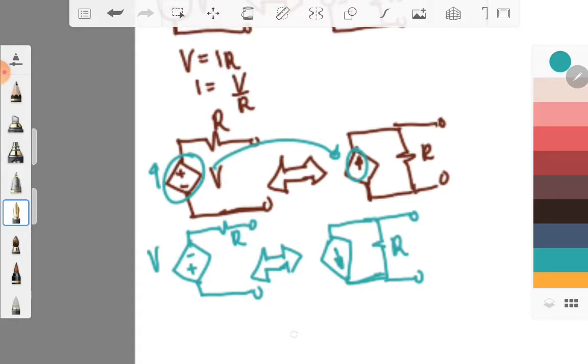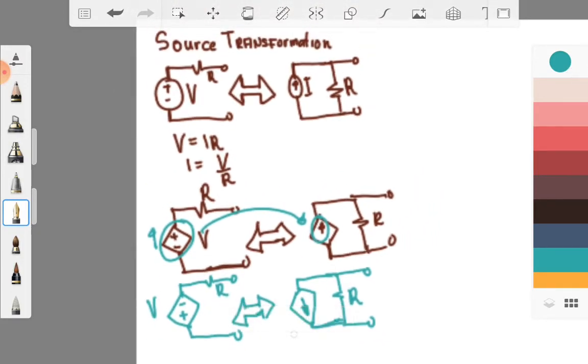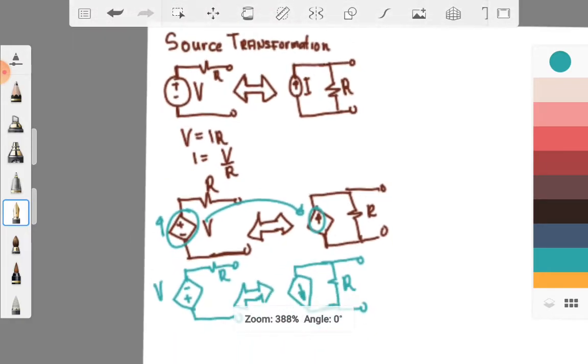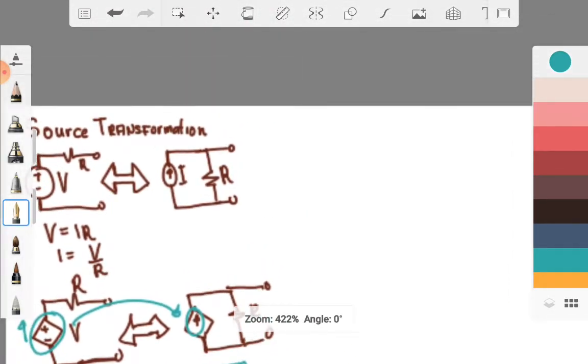So the same is true with independent sources. Always follow the positive sign when you are transforming your voltage source into a current source, toward the positive sign.